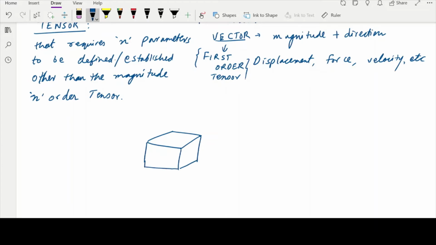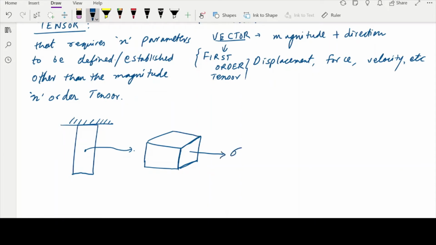This cube here, a stress acting on this plane. Remember that a point in any element, like any machine element or structural element, is represented by a cube. So I will be drawing a cube and it should be considered as a point inside an element under study, in this case a bar.